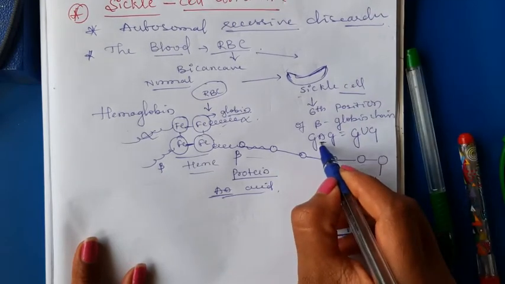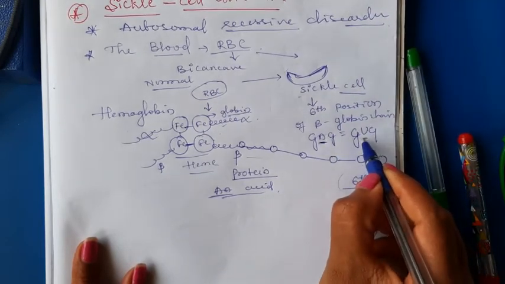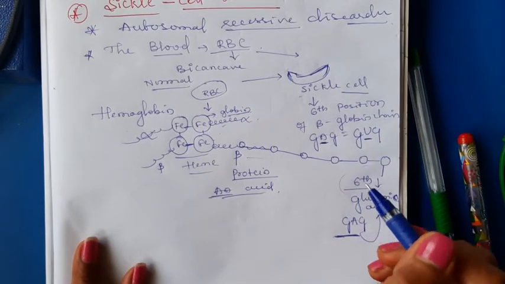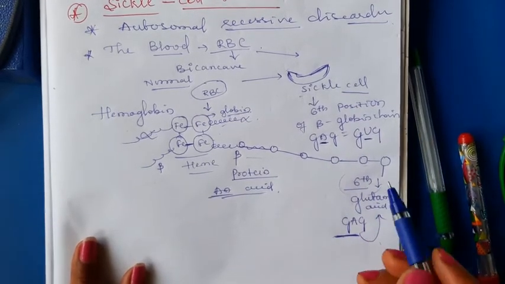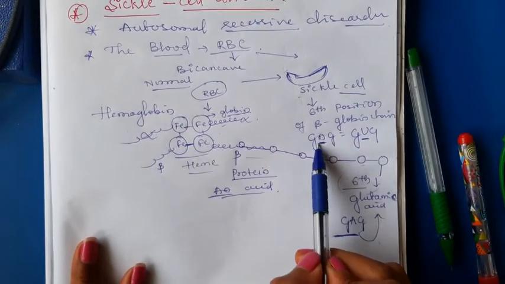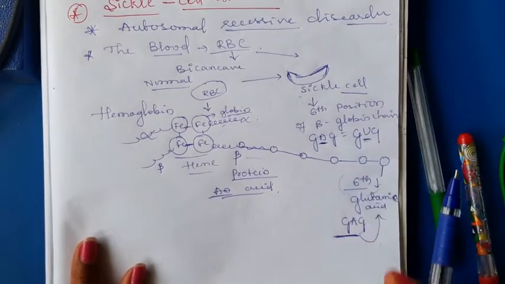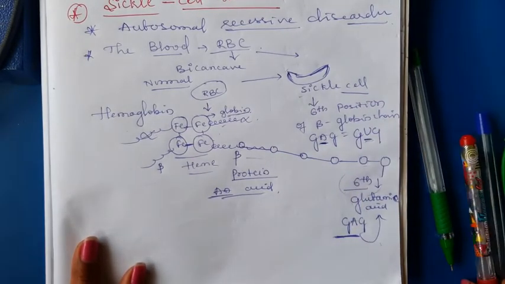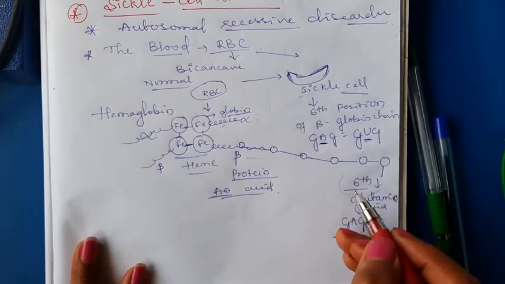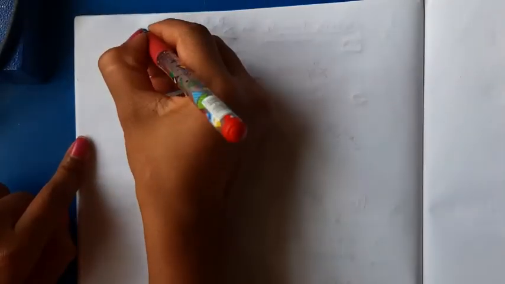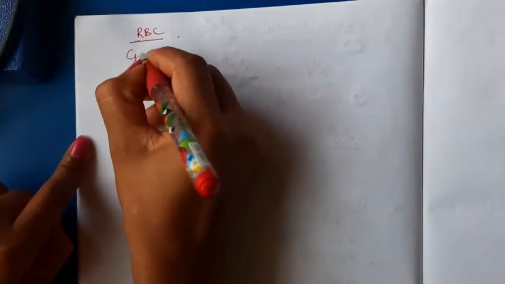Instead of A, it has the U. It causes the sickle shape of the RBC. The biconcave shape of RBC is maintained by the GAG expression in the 6th position of the beta chain.